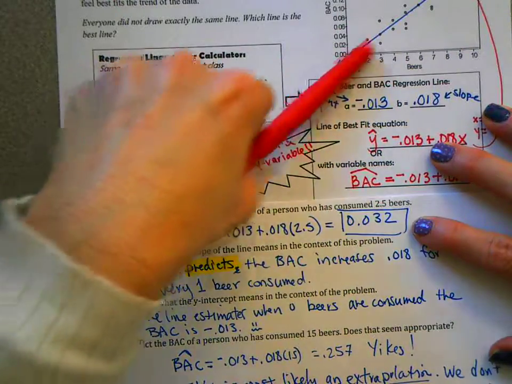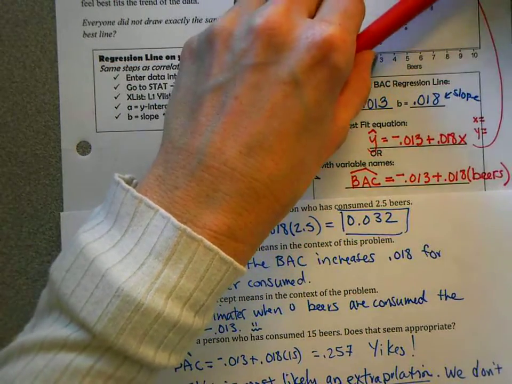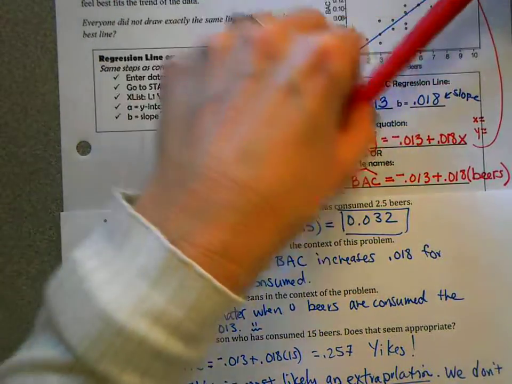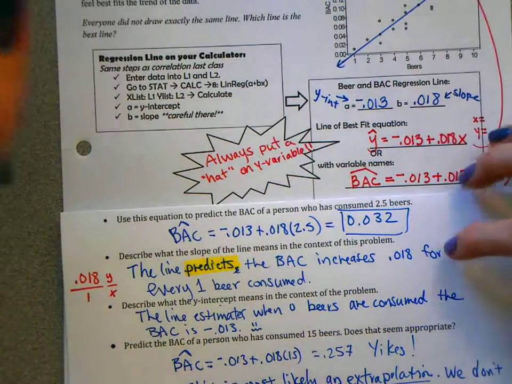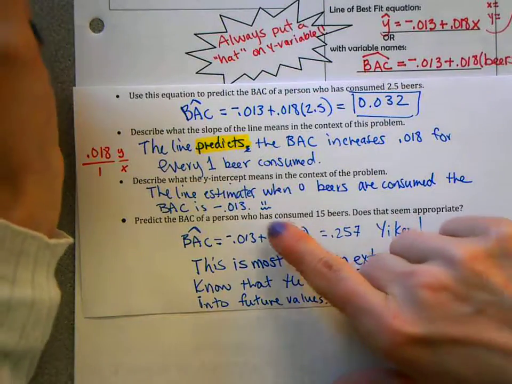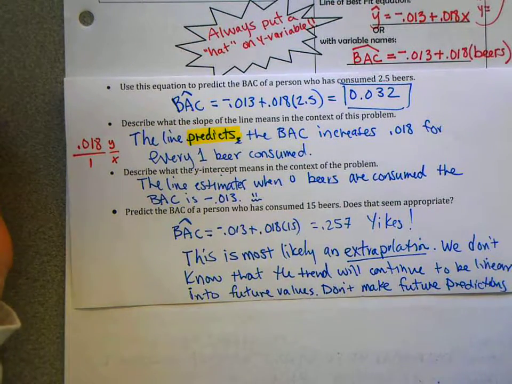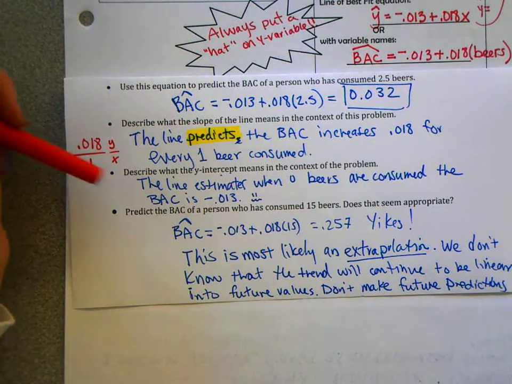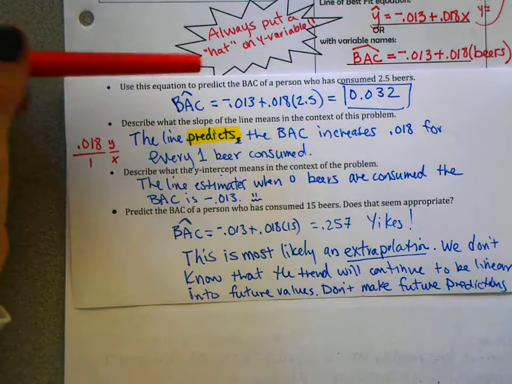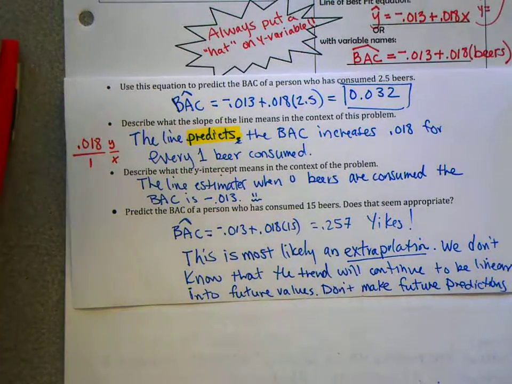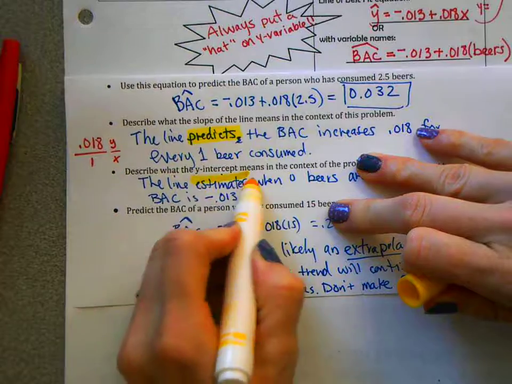Sometimes the way it tilts makes a y-intercept that doesn't really make sense in the context of the problem. So you still interpret it, and then you might be asked, is this a relevant value to the context? And you would just indicate in this case, no, we can't have negative alcohol content. Also note that I used a different disclaimer, but I definitely made it clear that it's an estimation.